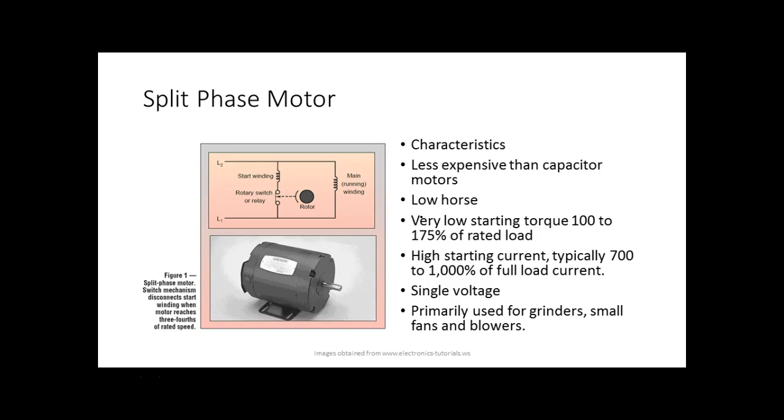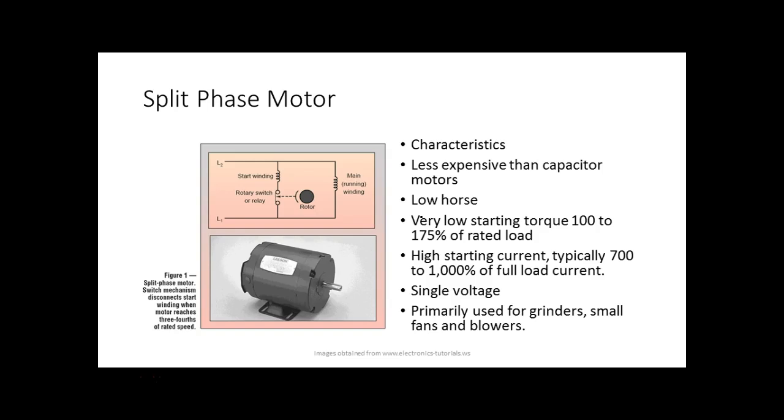So this guy said right here, it could pull 700 to 1,000 times more just to get this motor started under load. Under load, not by itself, right? It's got fairly low. We'll see this guy's used on a lot of compressors.